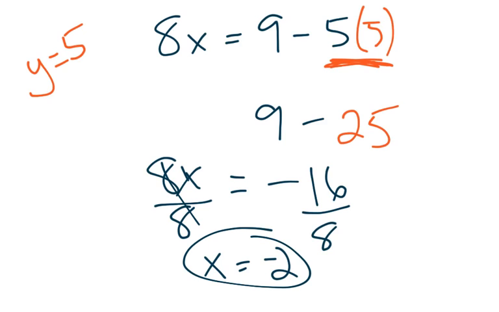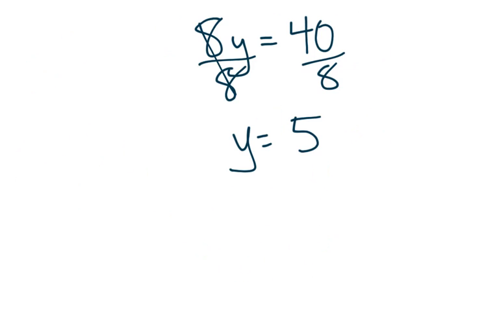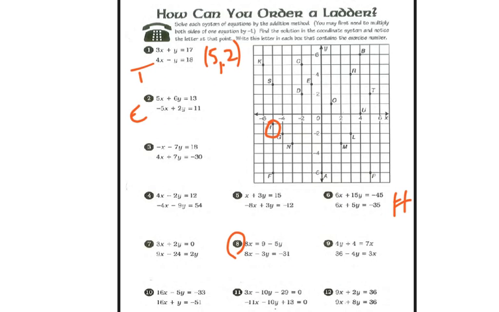So for the coordinate point, we have both parts now. X always comes first, so negative 2, comma 5. Now if I go back to our original problem, negative 2, comma 5 would be C. So this answer would be C.